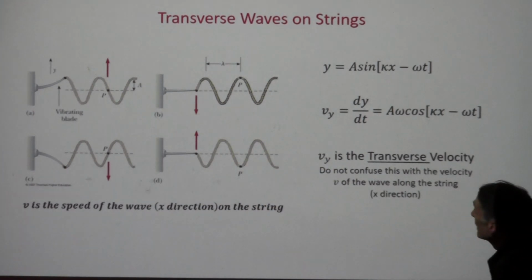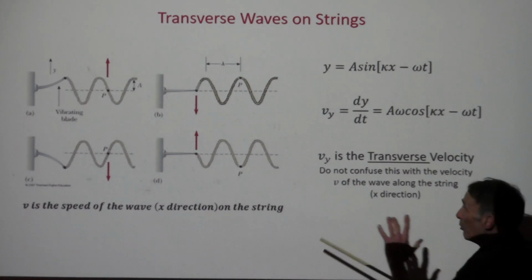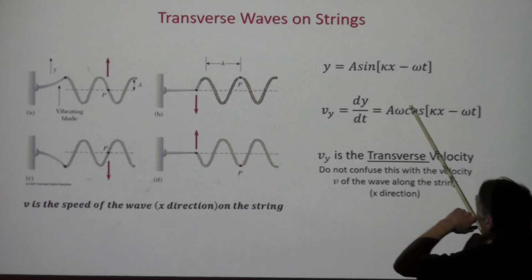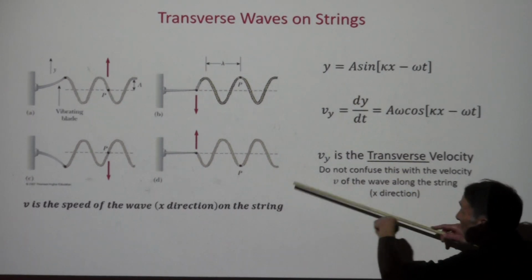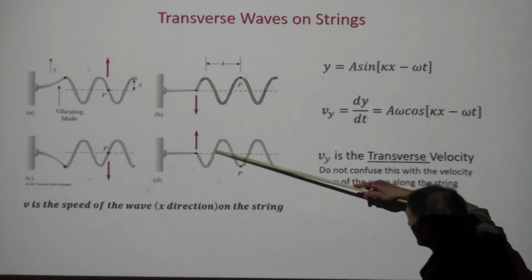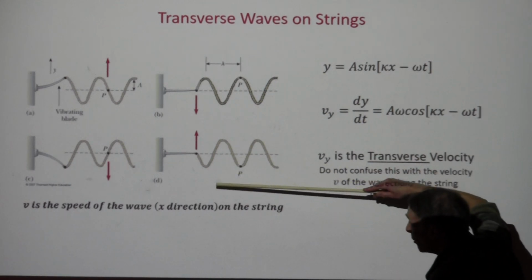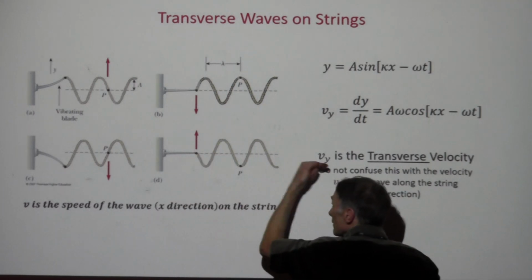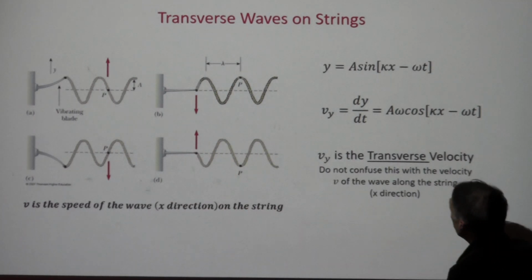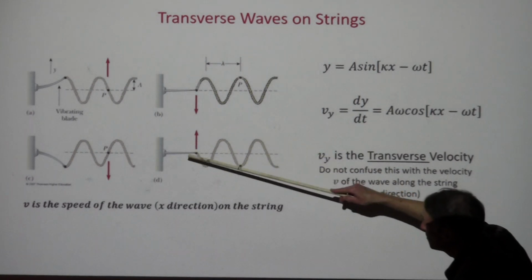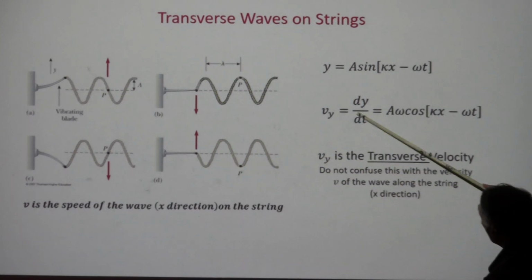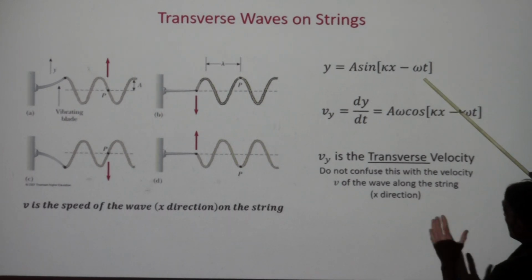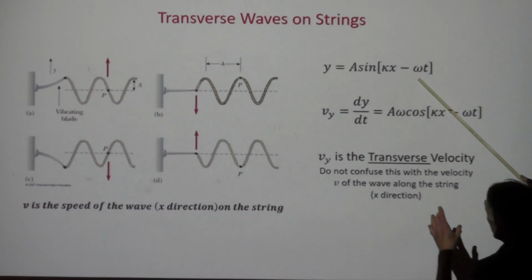So as far as the velocities, we're going to deal with the velocity of this wave on the string. But we also have what will be the velocity of this point, called the transverse velocity. Transverse waves are those that are oscillating transverse to the direction of motion, either that way or that way. The velocity of this point on the wave going up and down, we can get if the y motion is equal to this, just describing this sine wave and the motion of it.